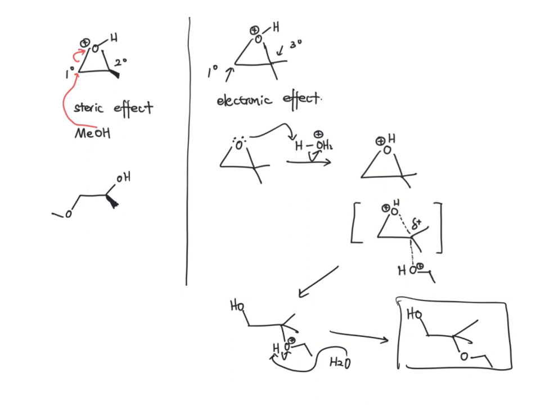So we notice that the nucleophile is added at the tertiary carbon. So this is a complicated aspect of the acid catalyzed ring opening reaction of the epoxide that we need to think about: regioselectivity at this moment.